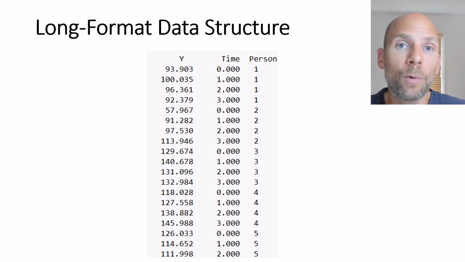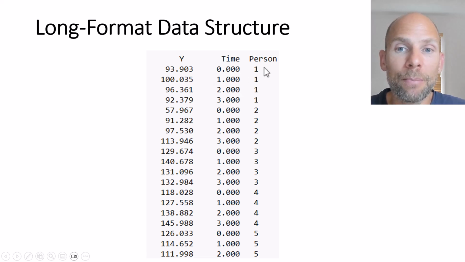Here we have only 1 column for the outcome variable y, and because there's only 1 column, we need to indicate the time, so we have a time variable. That's the second column here that indicates the measurement occasion. You can see the first one is time 0, then time 1, then time 2, then time 3. So the 0 through 3 represent the 4 time points on our time variable.